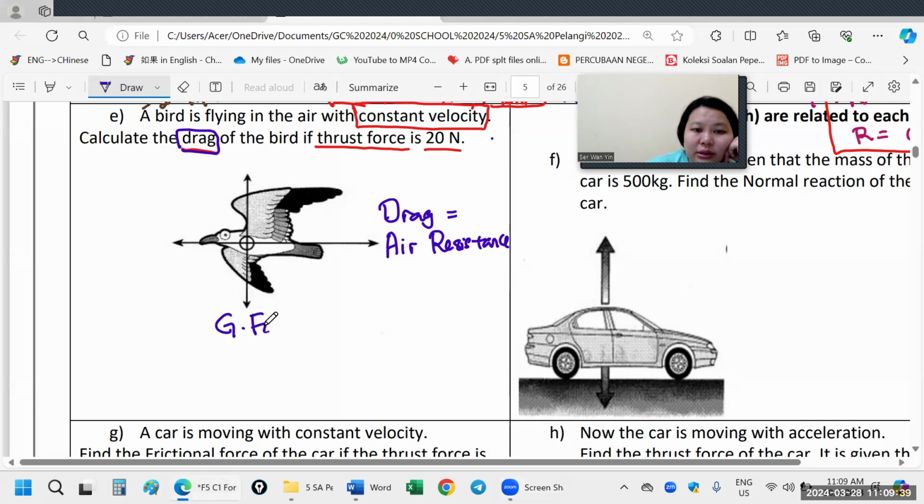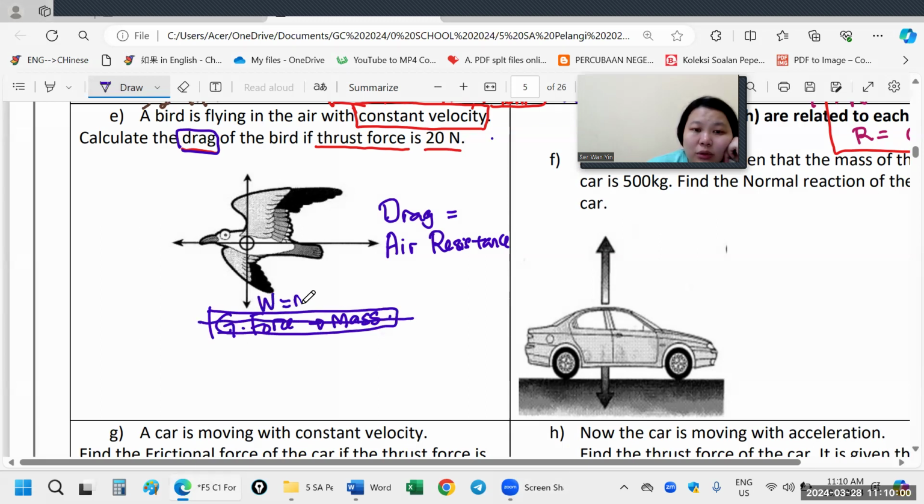Gravitational force acts on the mass. Actually, what is this? Can anyone translate? Yeah, actually it is weight.